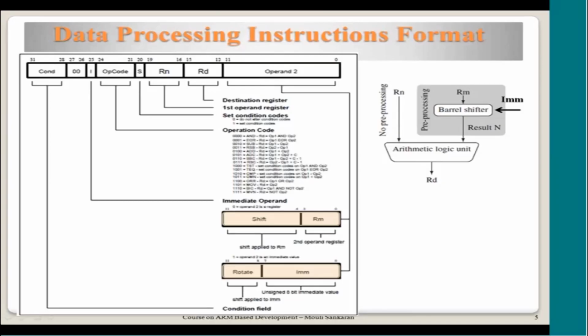So then what will happen? The processor will know, okay, the programmer wants this instruction to affect the CPSR flags. So whatever operation is done, based on the result coming into RD, it will set those flags. Suppose the programmer has not mentioned S in the instruction, then assembler will interpret it and make this bit 0.